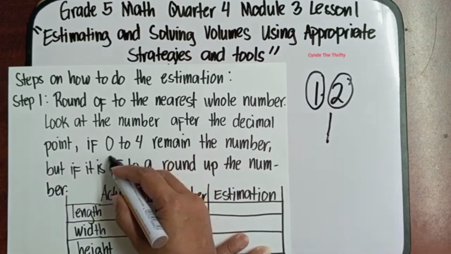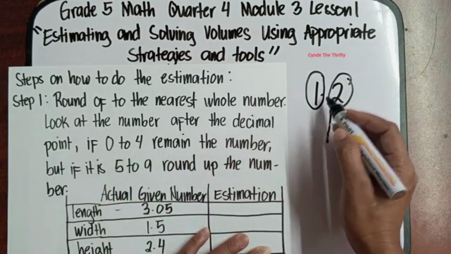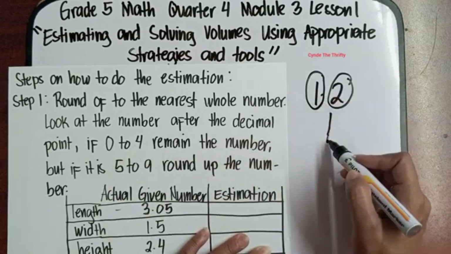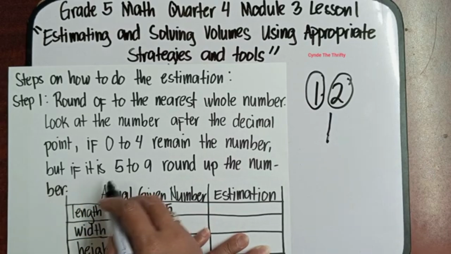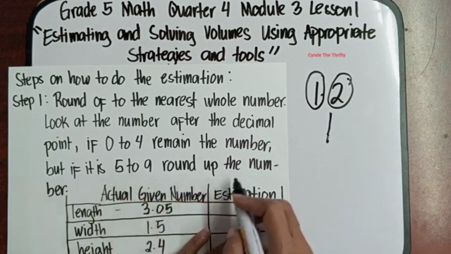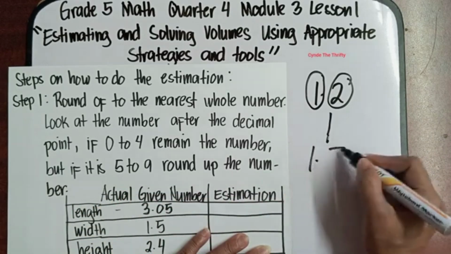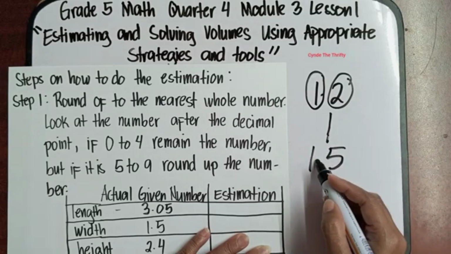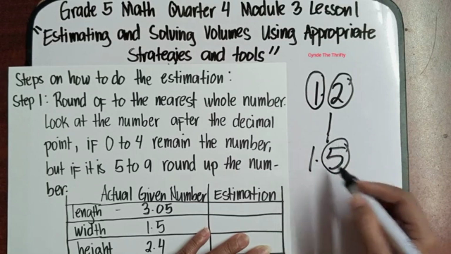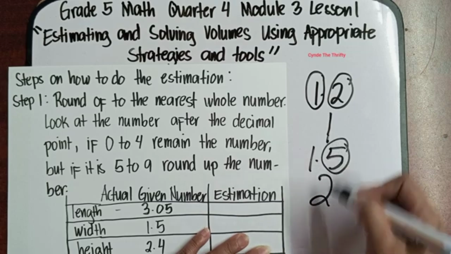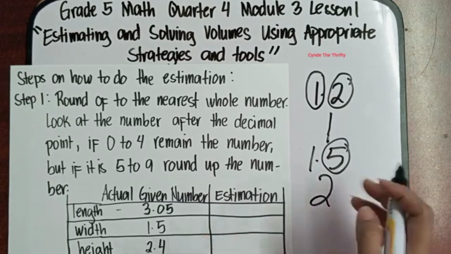And ang rule natin, kapag ang number niya after the decimal point is 0, 1, 2, 3, 4, so i-remain natin ang number. But, if it is 5 to 9, round up the number. For example, 1.5. So, ang number after the decimal is 5. Ibig sabihin, round up. So, si 1 is magiging 2. Okay? So, ganyan mag-round off ng number.